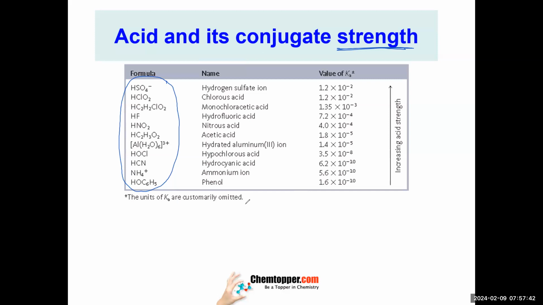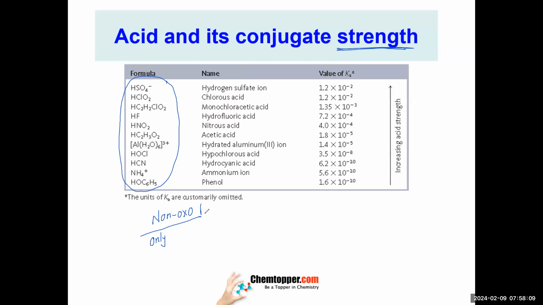Now let me talk about first non-oxo acids. Non-oxo means the one without oxygen. So in non-oxo acids, only this you can memorize. It's important, children. It's there in the table. This I discussed earlier also with you when we were doing strong electrolytes and weak electrolytes in unit 4.